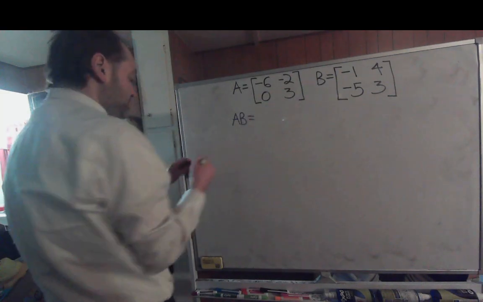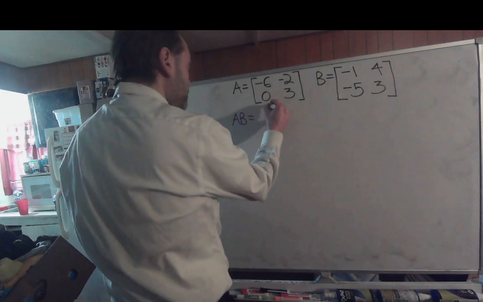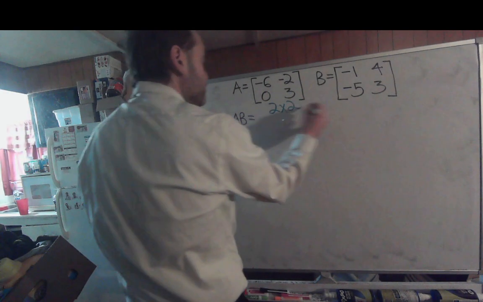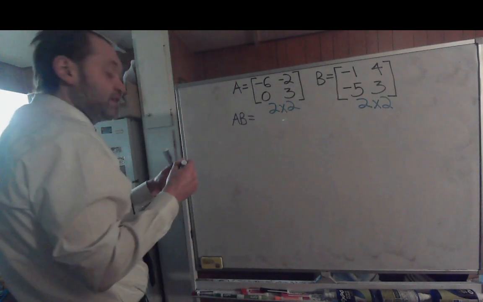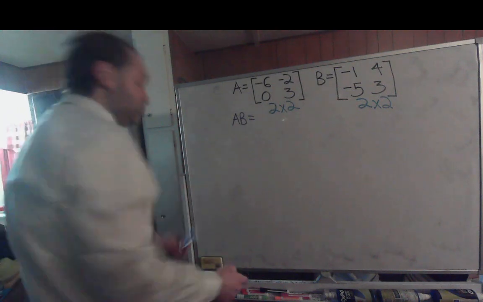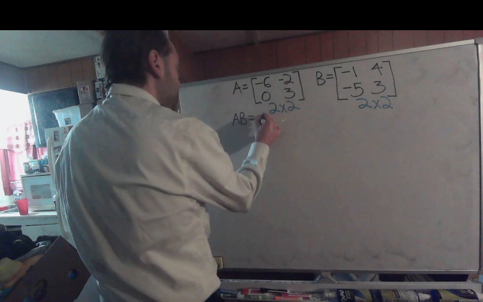Is that possible? Well, let's look at the dimensions of both matrices. Both are clearly 2 by 2 matrices. So yes, these both meet the criteria for matrix multiplication. We can definitely do it. So let me rewrite these matrices.